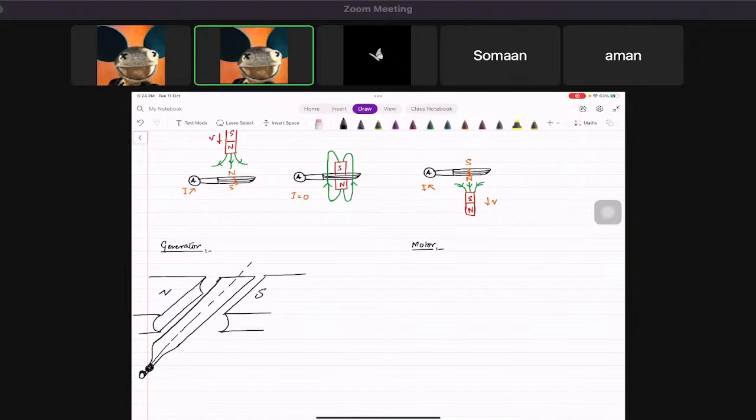So like this, and then these two wires are connected to an ammeter or a voltmeter, doesn't matter. That's right, voltmeter in fact.